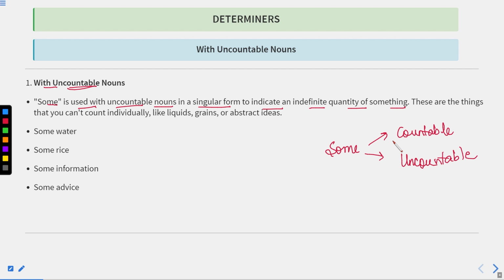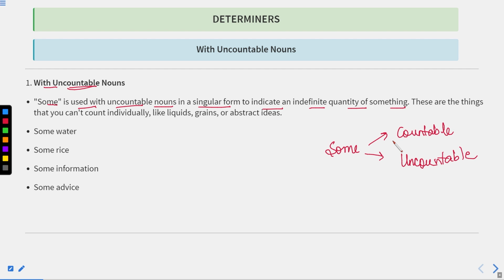Some is used with uncountable nouns, and as you know well, uncountable nouns cannot be counted in terms of 1, 2, 3, 4 and so on. So whatever uncountable noun is there, it is always considered singular. And if I'm using the word some before an uncountable noun, of course this will behave in a singular form only. It means it will be considered singular.